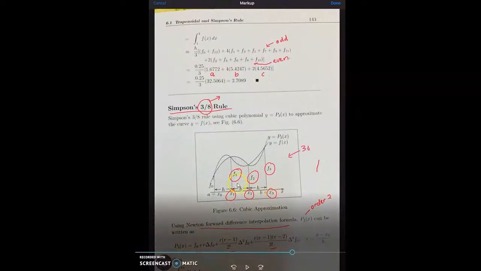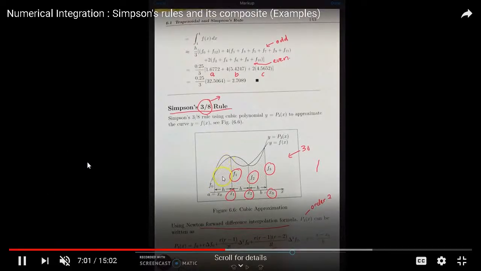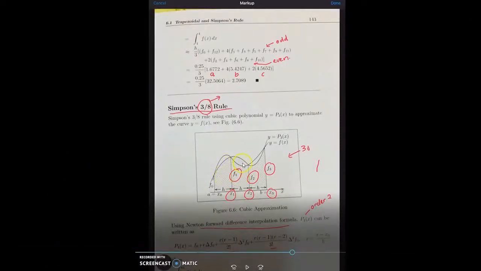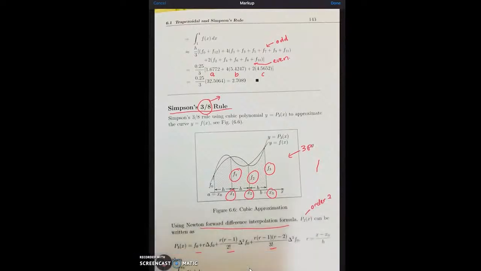So we partition the area of y equals f(x) into 3 partitions: f1, f2, and f3. And then the graph is a curve because cubic is a curve. So that is the Newton forward difference formula we use to get the Simpson's 3/8 rule.